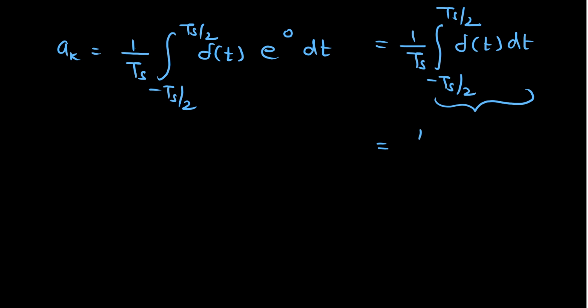So we have 1 by Ts into 1. Therefore the Fourier series coefficients AK have a value of 1 by Ts.